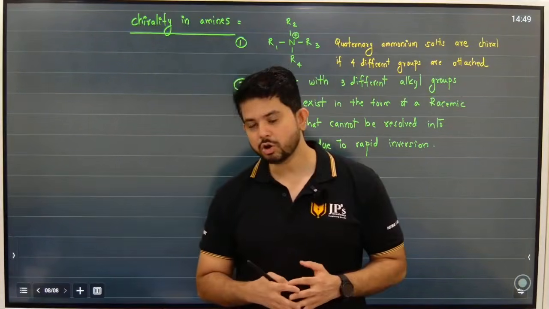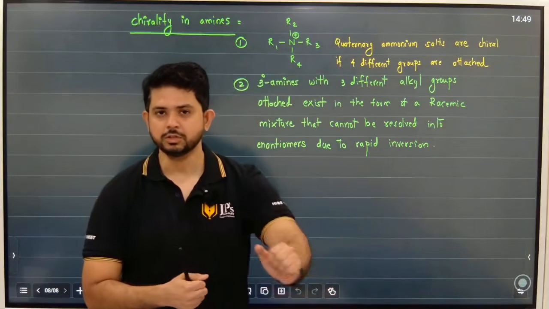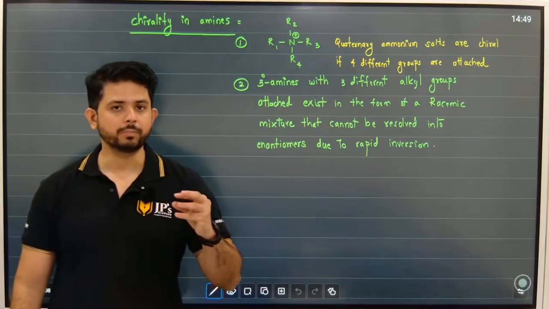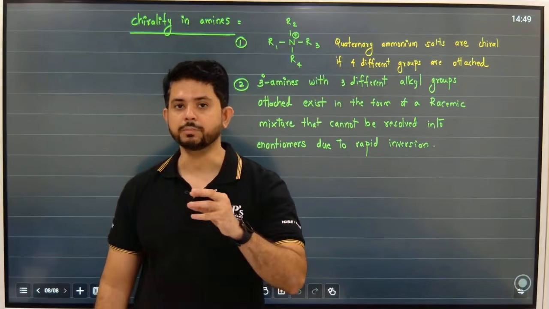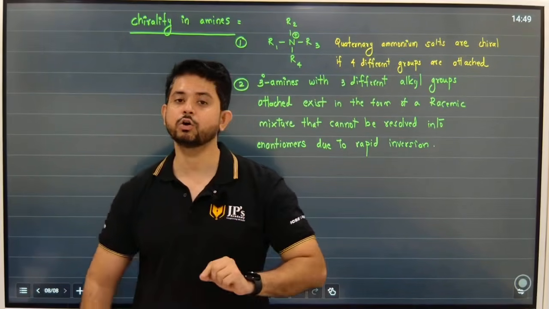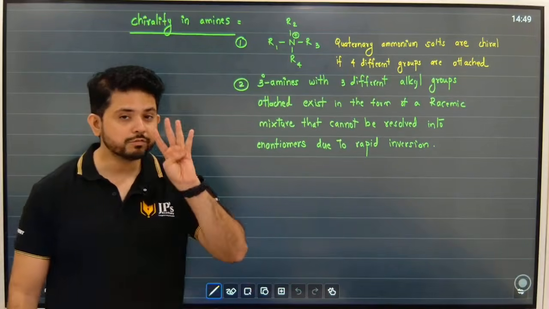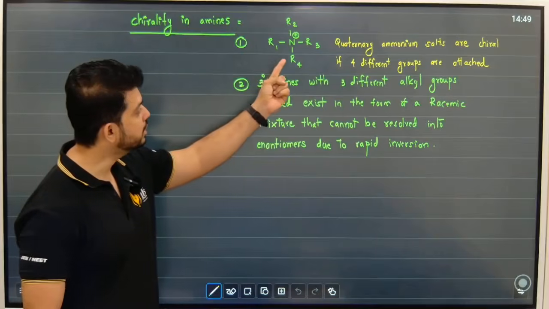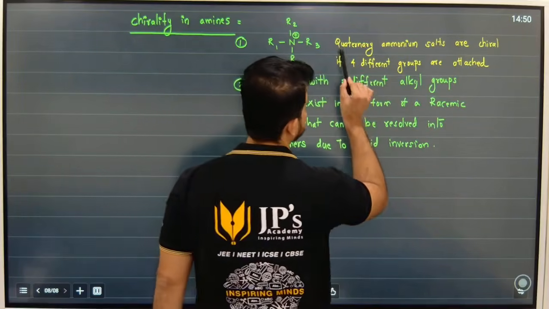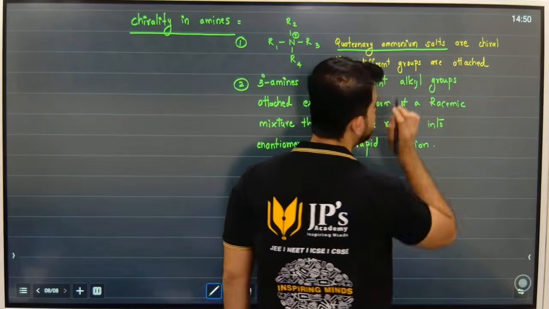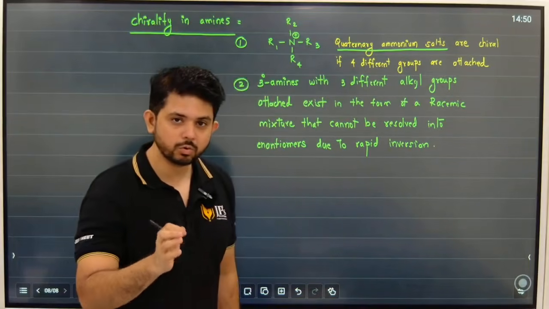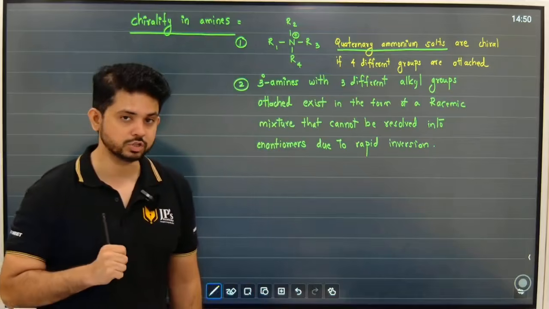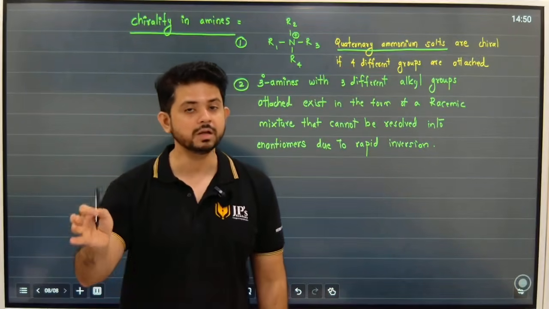Chirality in amines and optical isomerism. Now students, majority of the time, if we look at our NCERT scope, it is optical isomerism with reference to carbon, but nitrogen can also show it if there are 4 different groups attached to nitrogen. So consider a quaternary ammonium salt. What exactly is a quaternary ammonium salt? 4 alkyl groups attached to nitrogen give us a quaternary ammonium ion.